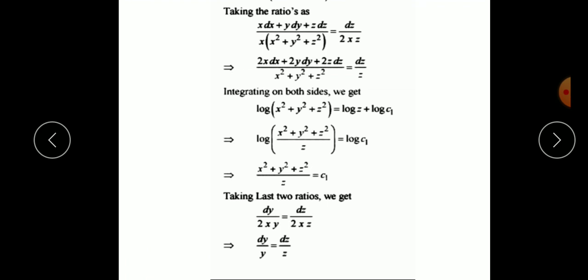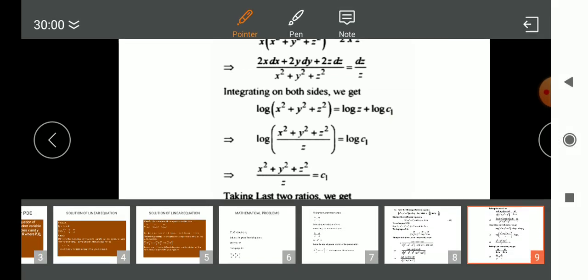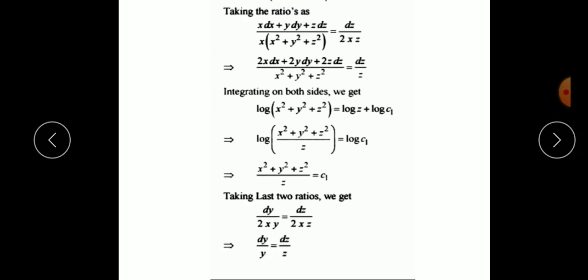Now integrating both sides, clearly the LHS term is equal to log of x square plus y square plus z square, which is equal to log z plus log c1. Now applying the property of the log function, log a minus log b is equal to log a upon b. So this term is equal to x square plus y square plus z square upon z is equal to c1.